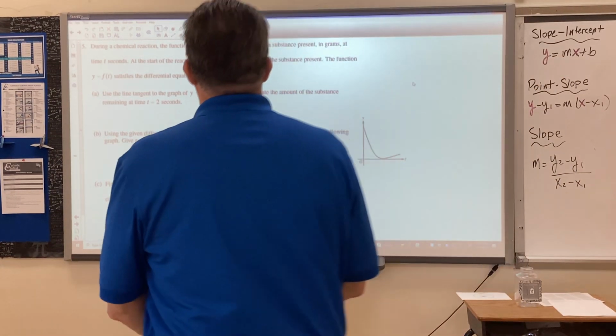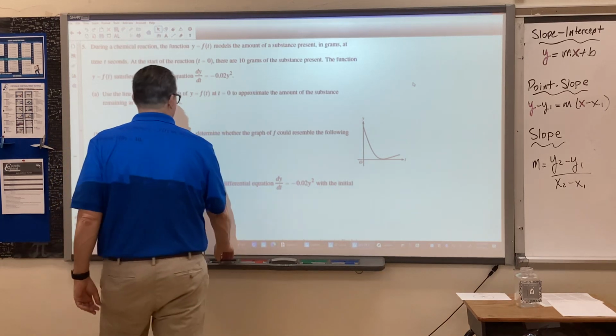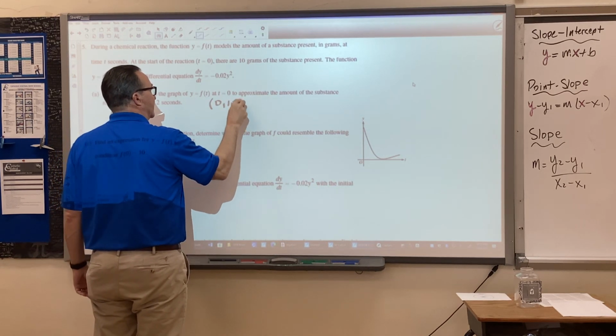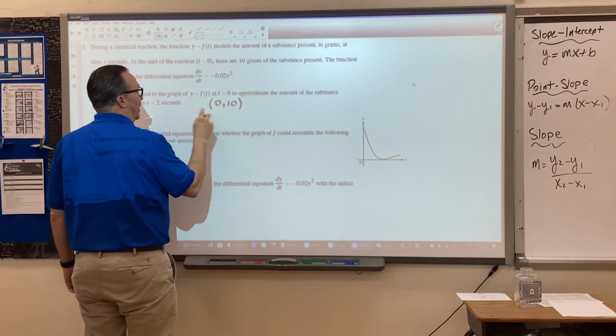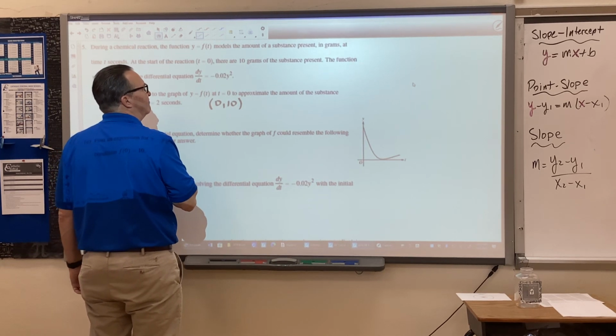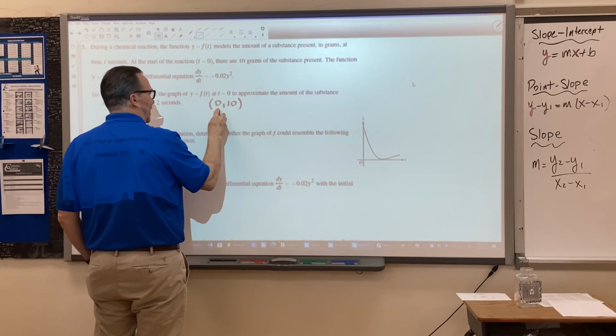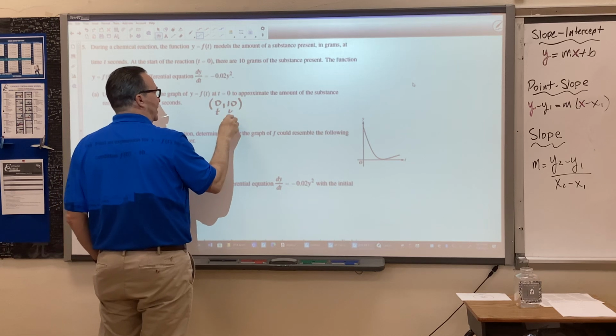Okay, so here's the tangent line. It's simple. We've got the point (0, 10), and the derivative at this point (0, 10). At the point t is 0, y is 10.